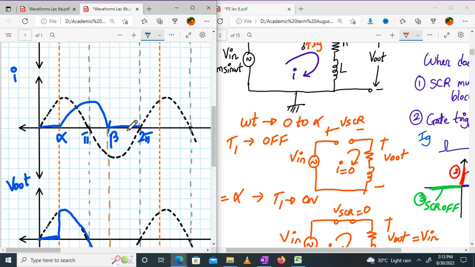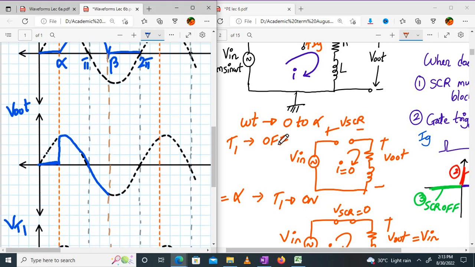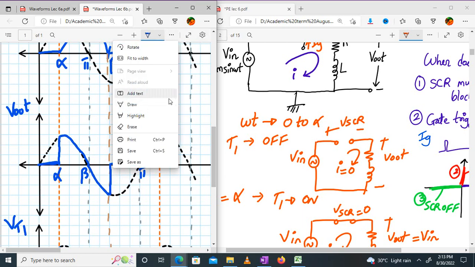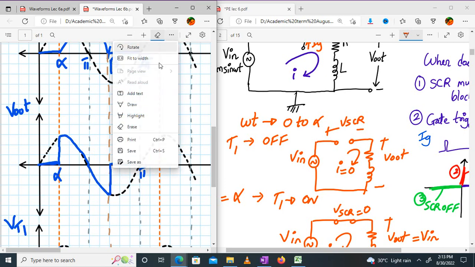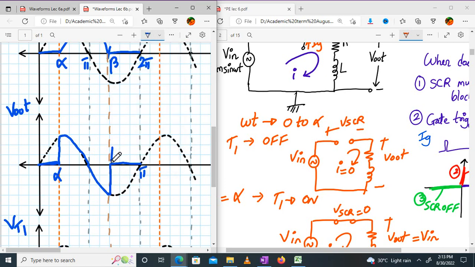Current is 0 now. What about the voltage across the load? This is pi, this is alpha, sorry, this is beta.